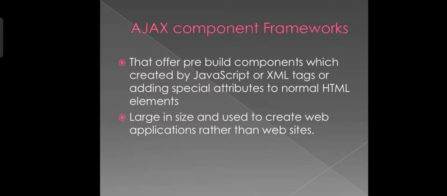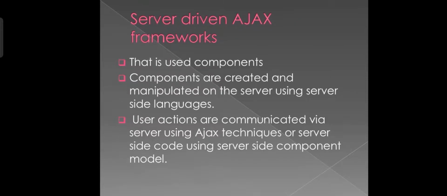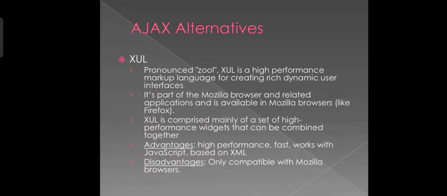Ajax component frameworks are large in size and used to create web applications rather than websites. In server driven Ajax frameworks, user components are created and manipulated on the server using server side languages.